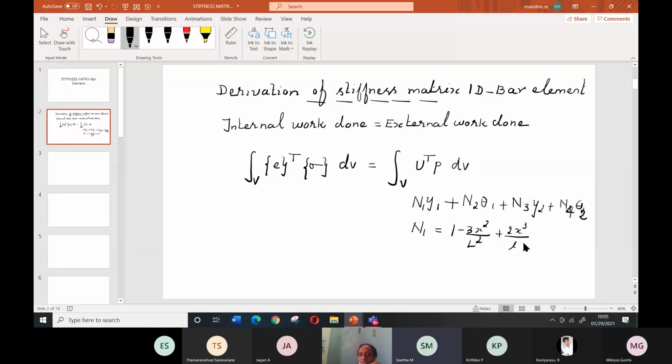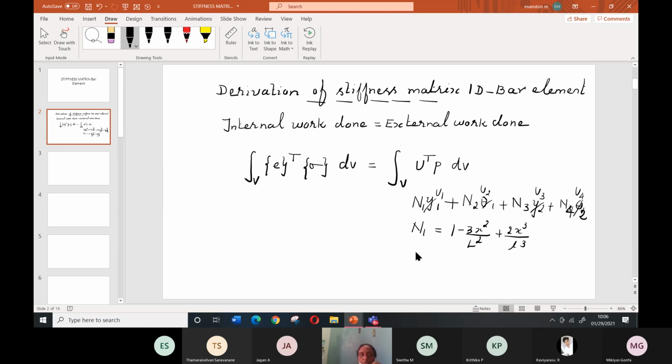Similarly, I can take this y1 as u1, theta 1 as u2, then u3 and u4. It depends; the notations you can change. N2 also has a value.